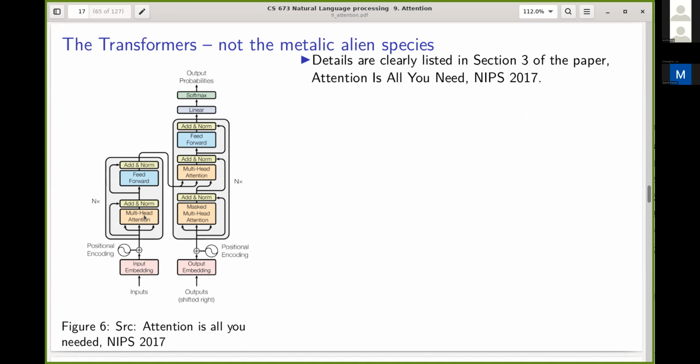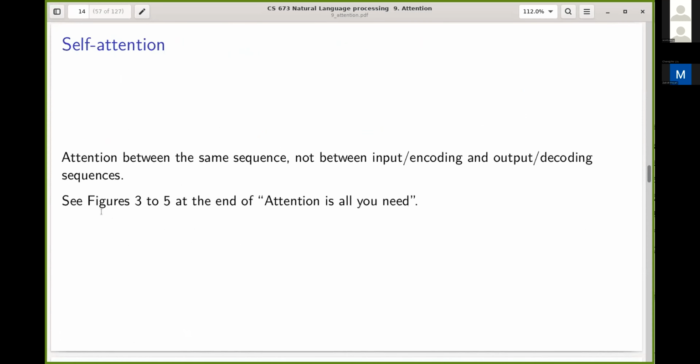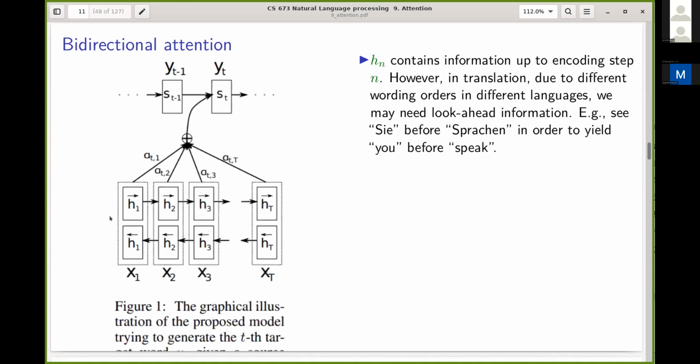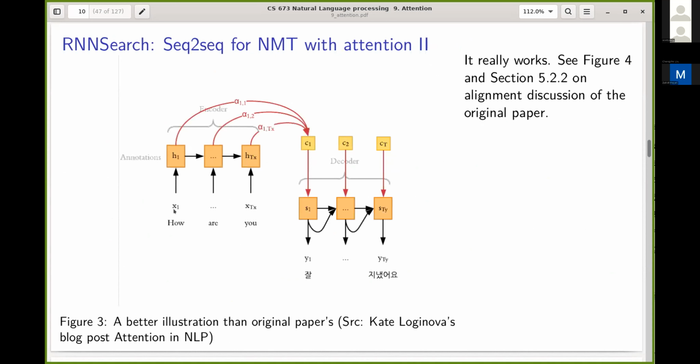And then the input passes through a multi-head attention, which is similar to what we talked about last time about the attention mechanism used in this machine translation case. Then you apply attention, and the attention is self-attention.